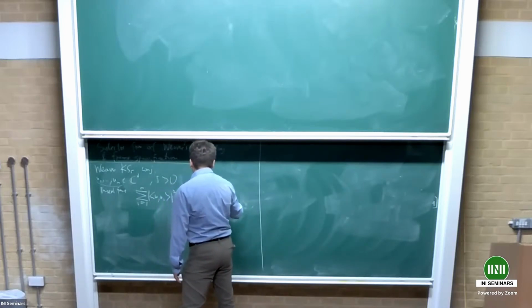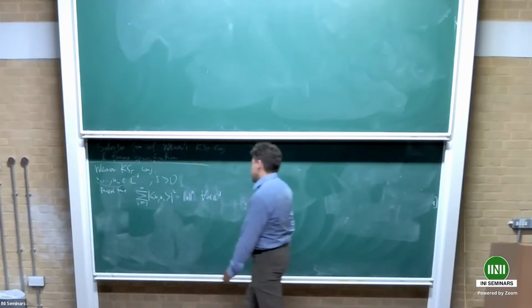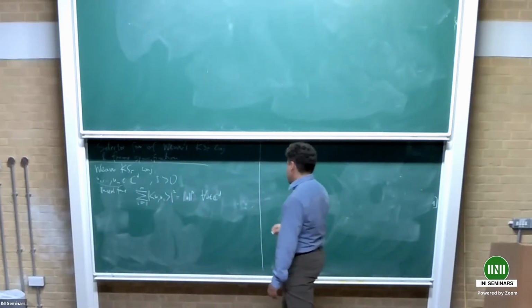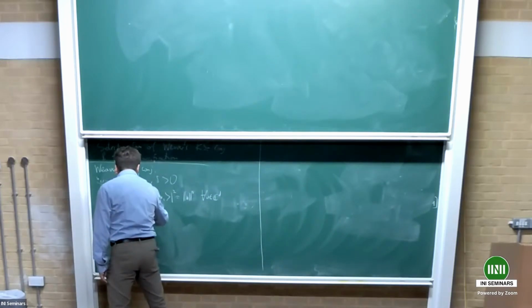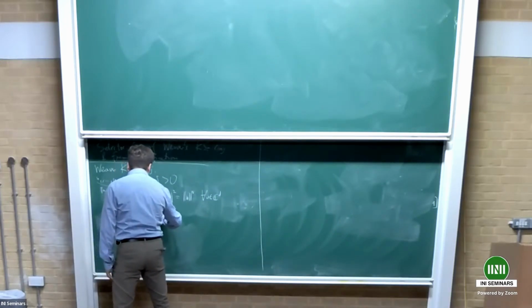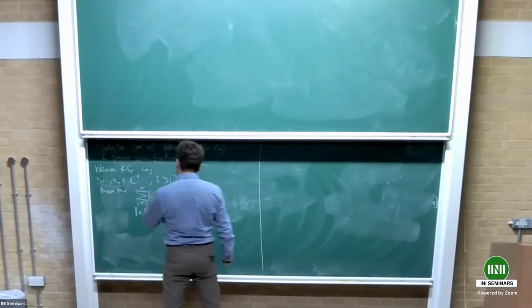But you also assume that, in addition to this, the norms of your vectors are small. Let's say less than delta.